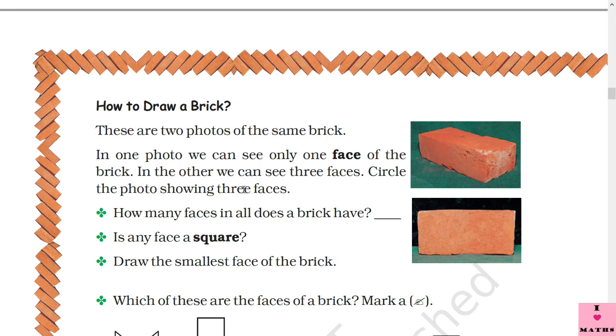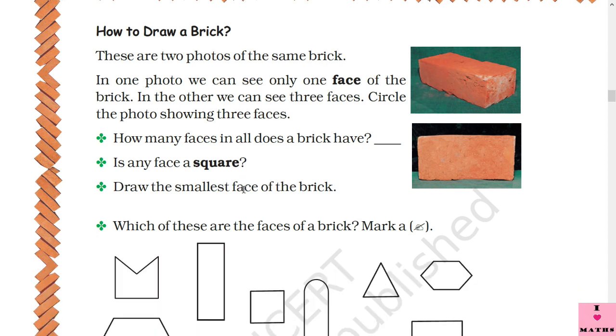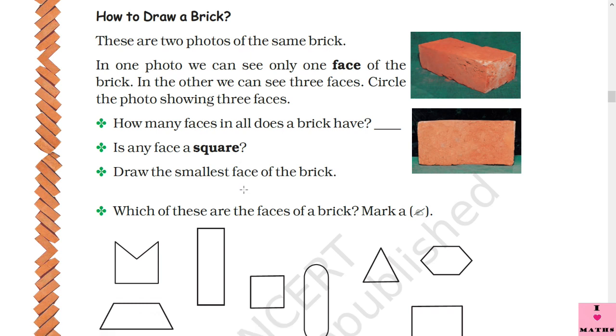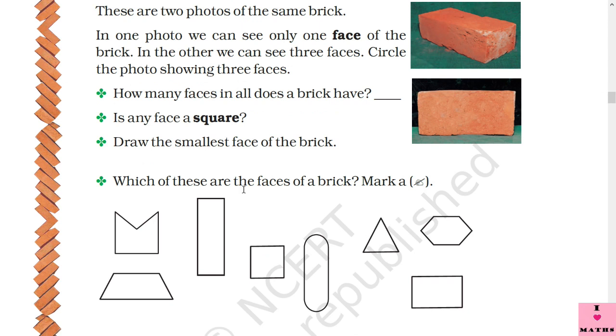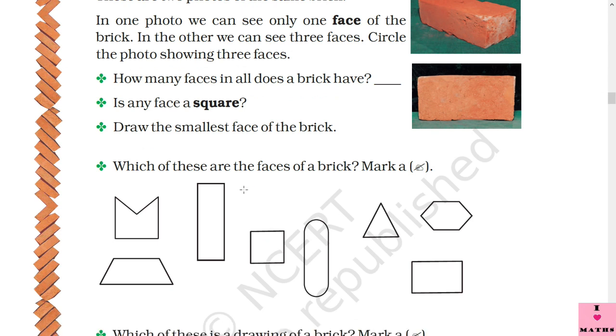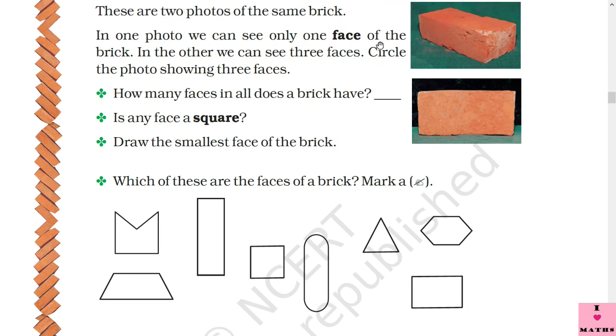Now here they have shown us how to draw a brick. For drawing a brick, we need to know how to draw rectangles. Now, a brick is cuboidal in shape.